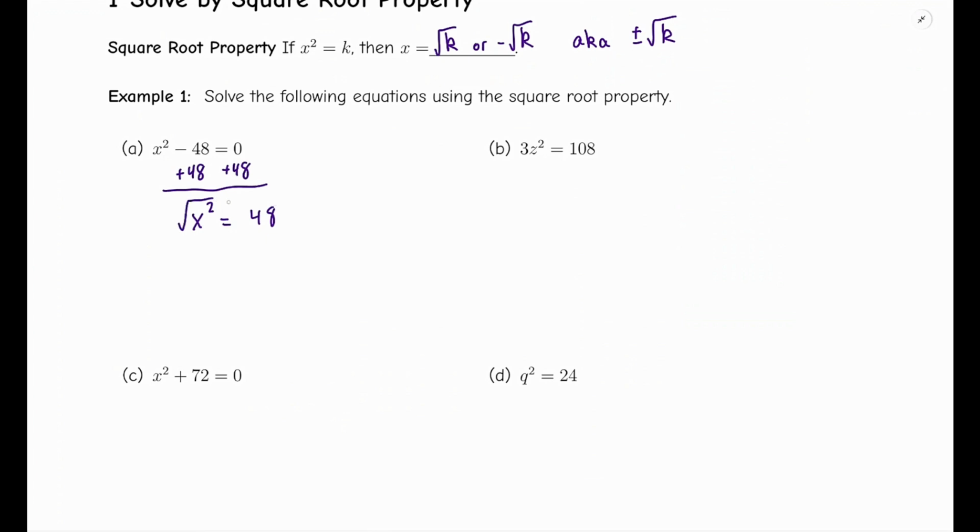Take the square root of both sides, and then we get the absolute value of x is equal to the square root of 16 times 3, which means x equals 4 square root of 3, or x equals negative 4 square root of 3. Notice how I broke the 48 into 16 times 3 because the square root of 16 is 4.